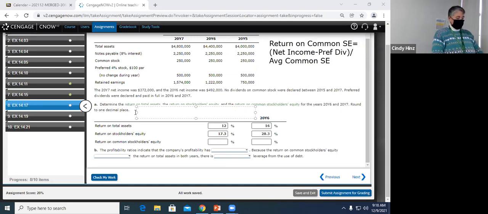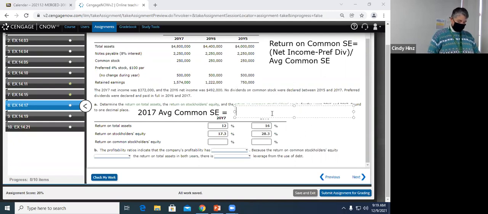So I'll start with our 2017 average common stockholders' equity. We're going to be adding together just the common stock and the retained earnings, removing the preferred stock from that. If I had the number still up on the screen, I could have just subtracted $500,000 from it to get the preferred stock out, but I already erased it, so I've got to redo that calculation.